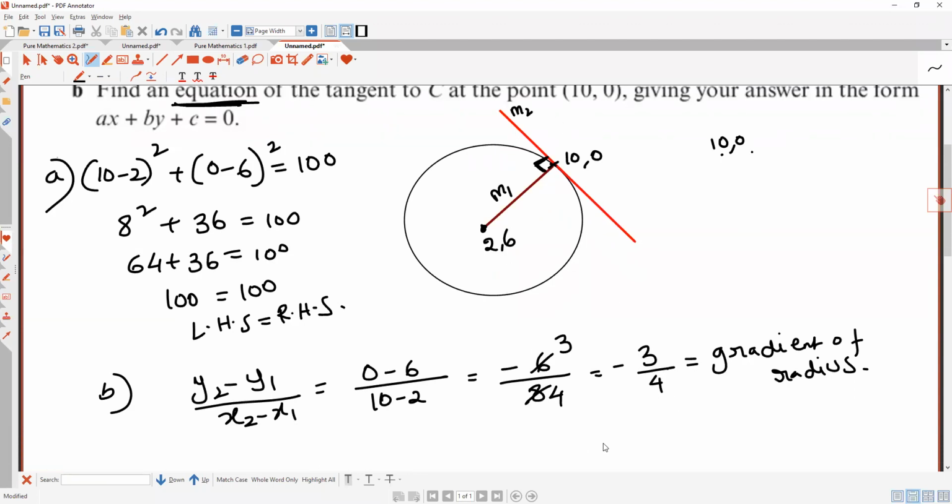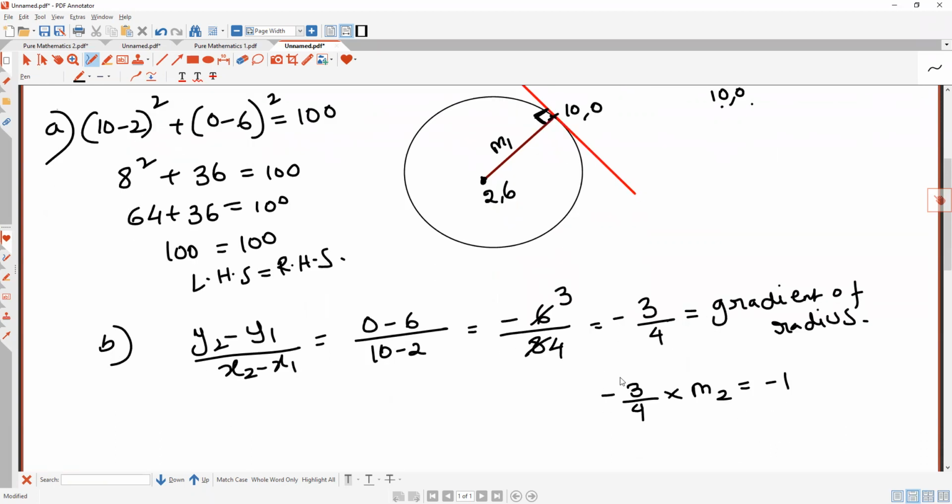What is it? M1 times M2 is equal to minus 1. So this gets cancelled. What is the gradient of your tangent? The gradient of the tangent is 4 by 3. You have the gradient of the tangent. You also know what point it passes through. It passes through 2, 6.